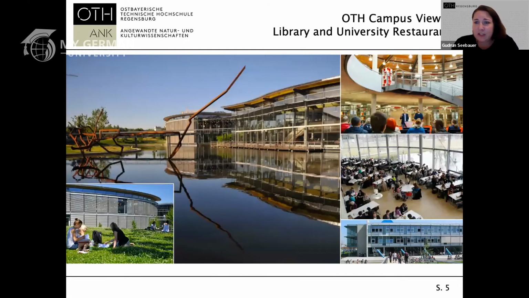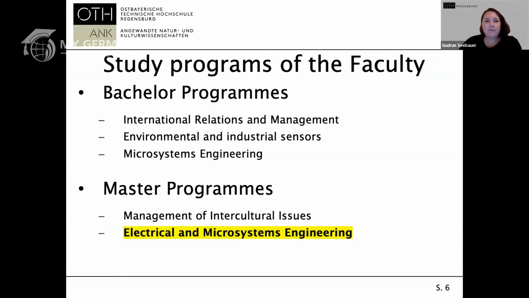This is OTH Regensburg. We are located a little bit above the city on the hill. This is the main building of our campus. And of course, we also have a Mensa and a library, like you see. Today, you see we are a very strange faculty, actually.